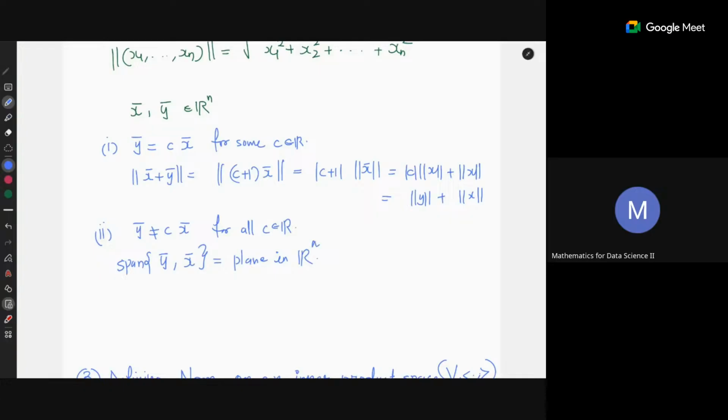Now you take that plane. Suppose this is your x vector and this is your y vector.